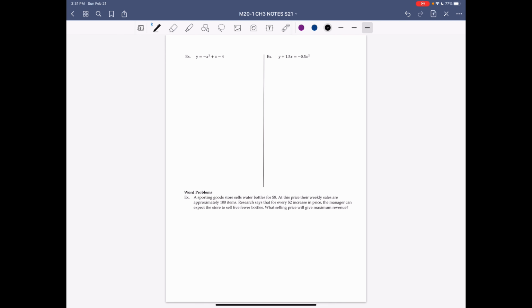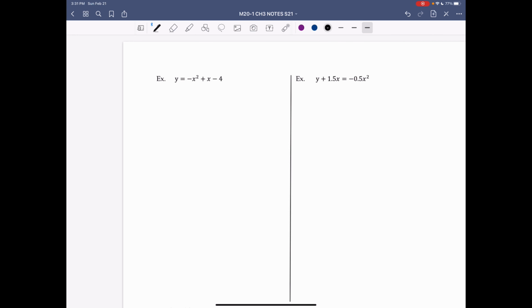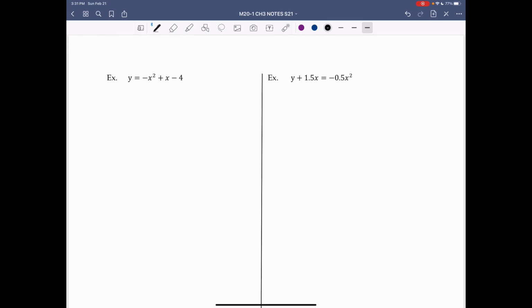Example, y equals negative x squared plus x minus 4. It's in general form, so we can go ahead with completing the square. Step 1, group our x squared and x terms together. Negative x squared plus x, leave a space, close the bracket, minus 4.